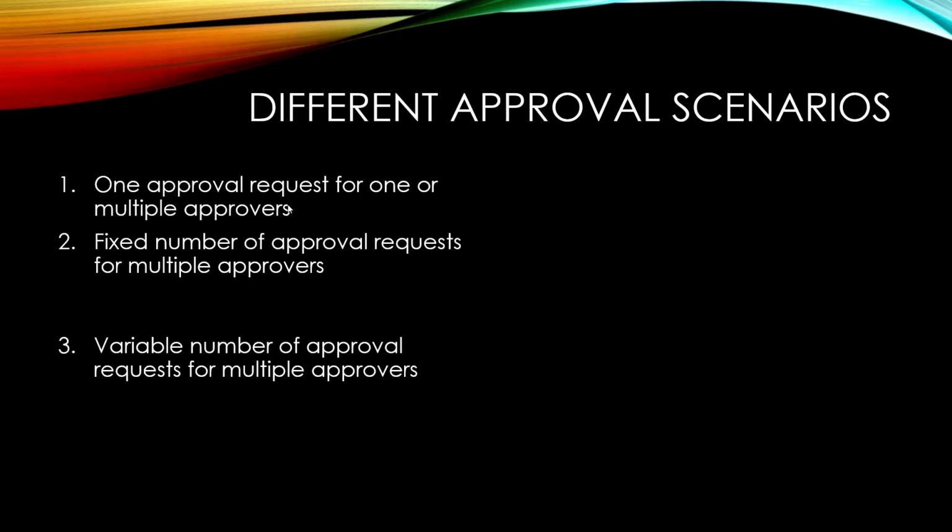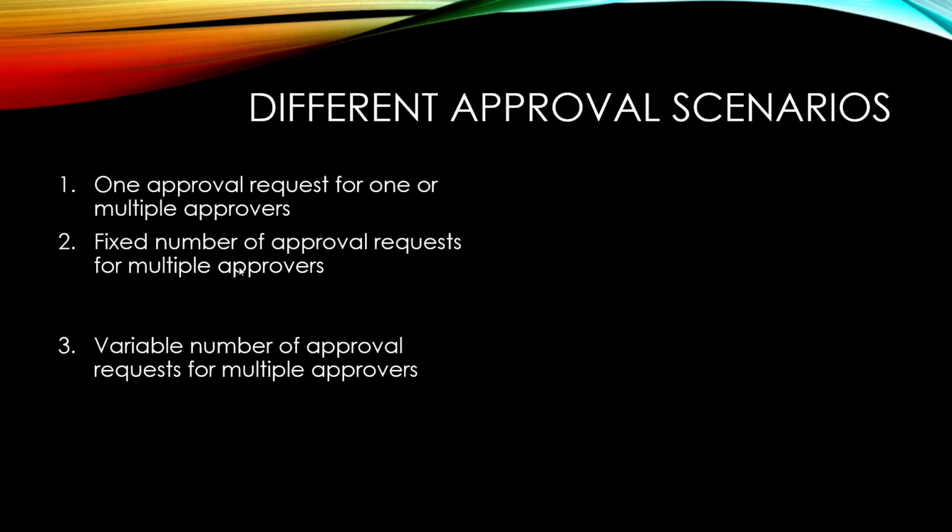And that rejection can be just one vote from one person, or it can be a collective vote from multiple people that they all should approve till this person is given a phone. It depends on the corporate policy. The second one is that we have a fixed number of approval requests.